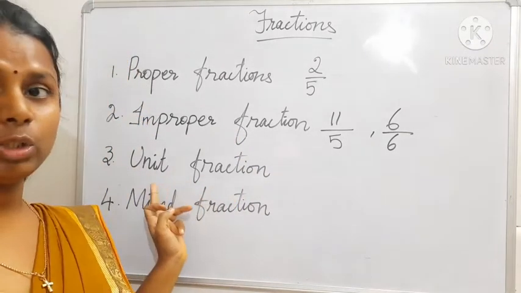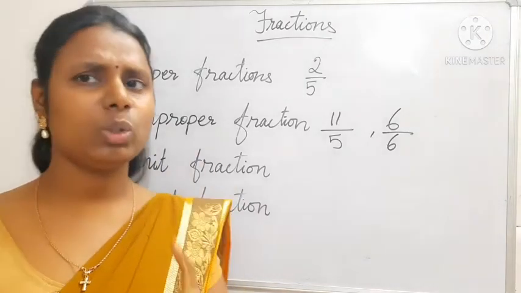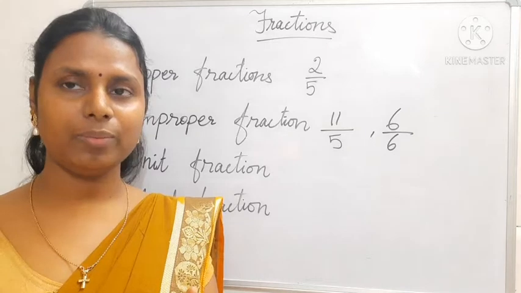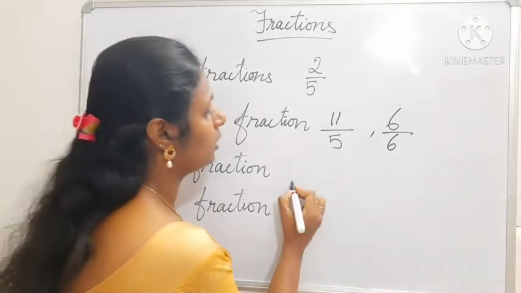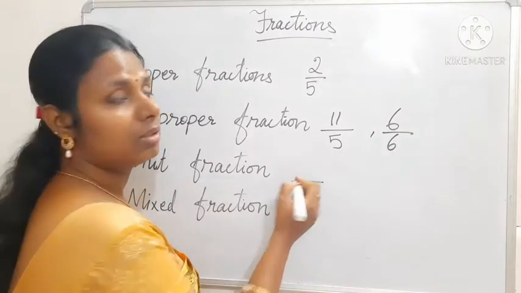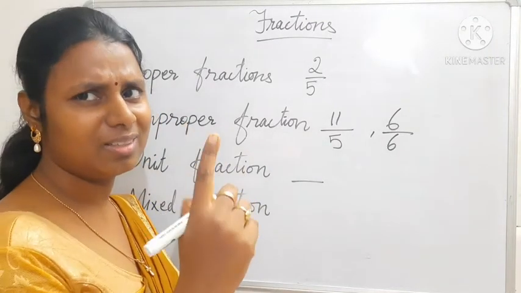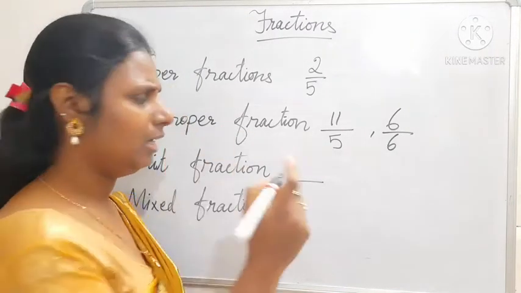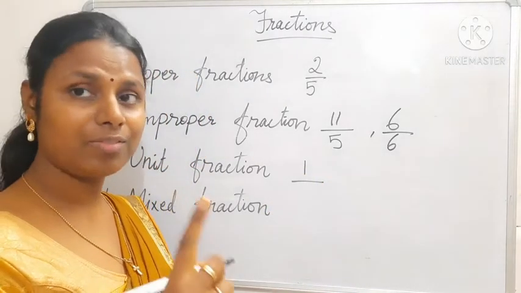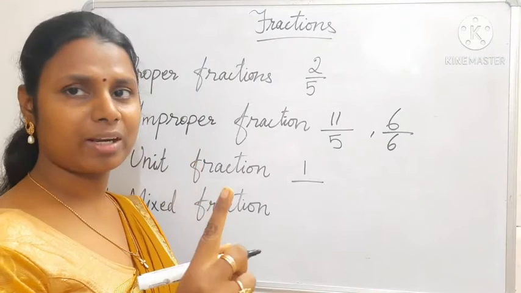Unit fraction. Unit means 1. Okay. Now, in the fraction you have two numbers, numerator and denominator. In this, unit means 1. That means in the fraction 1 must be there. So, numerator must be 1 in the fraction. That fraction is called unit fraction.